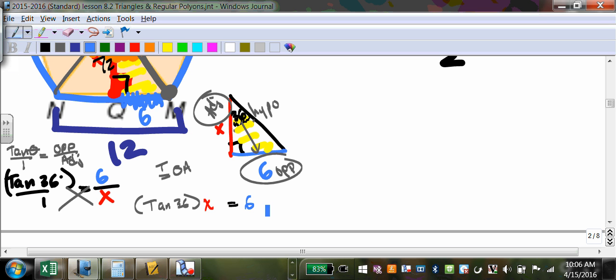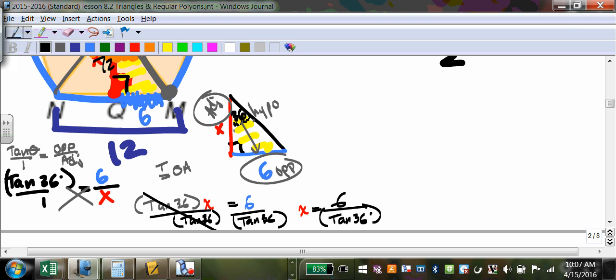Warning, is x currently by itself? No. Do not touch your calculator until your x is by itself. Okay, that's very important. So we have the tan 36. We're dividing. And we end up with x is going to equal 6 divided by tan 36.